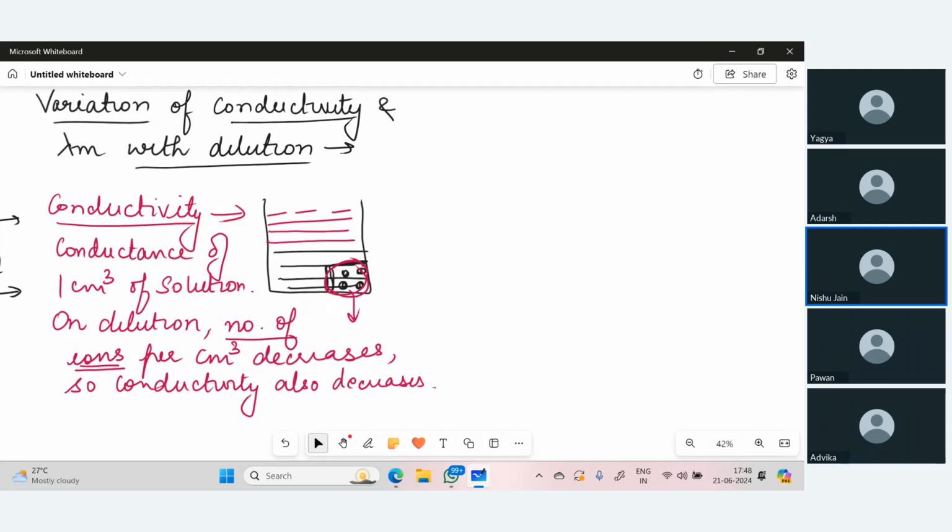Because these ions get distributed in more volume. Write down this, then I will explain how molar conductivity varies. Whether you write dilution or decrease in concentration, it is the same thing.